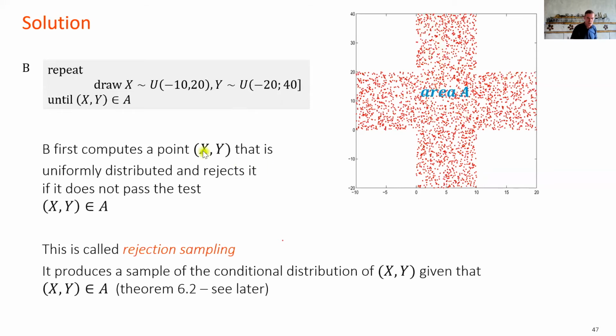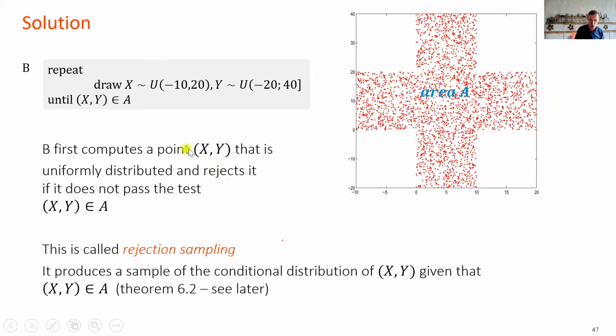Now for B, why does it work? That's a bit more tricky, but we'll see that in detail. So what B does is first compute a point uniformly at random in the bounding box here, and do that until the resulting point is in area A. Right? So this has a name, it's called rejection sampling.